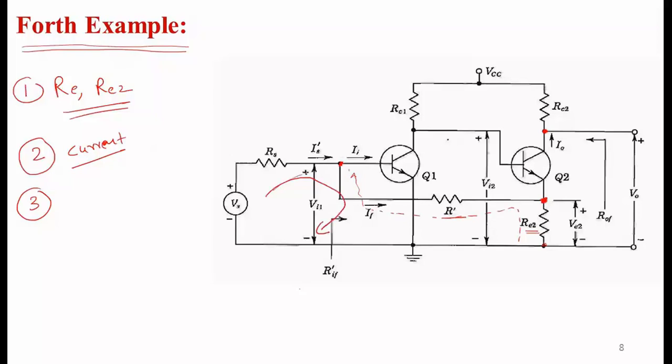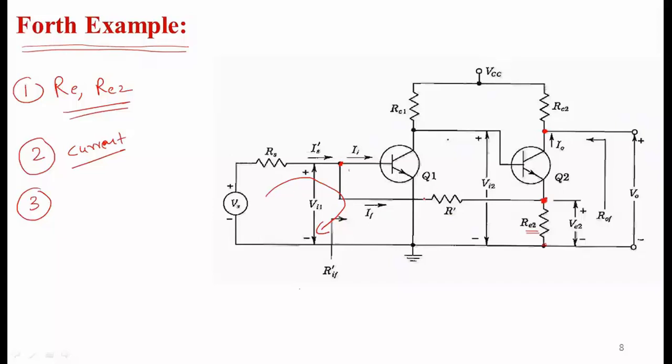If we draw the input circuit in this way, so the third step is to find the type of connection at the input side. We know that if both terminals of the feedback component are present in the input circuit, then this is a series kind of circuit. So let's observe the type of connection at the input.